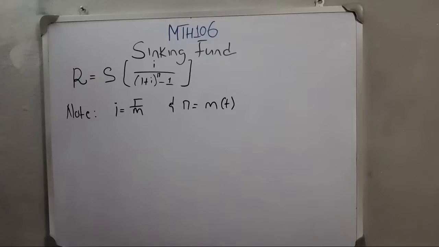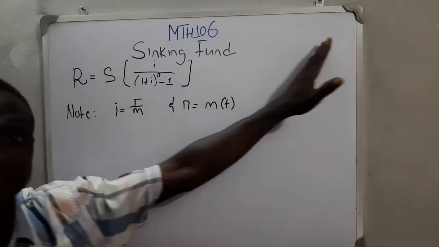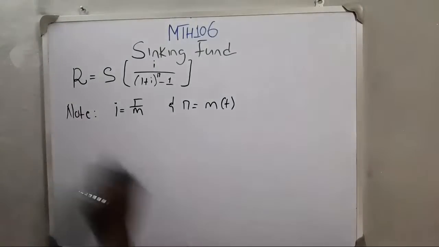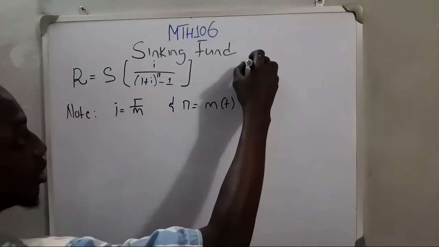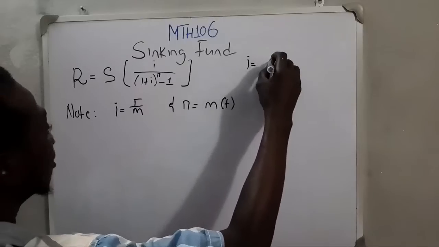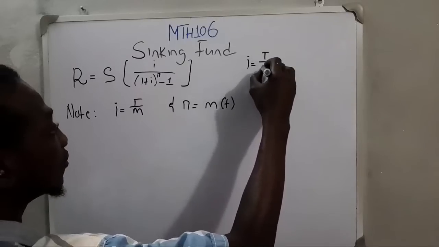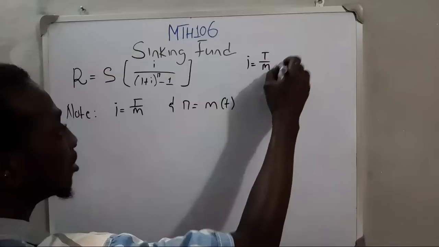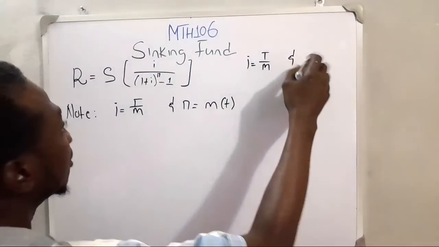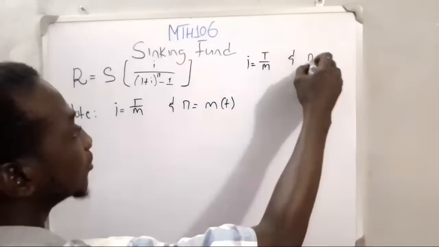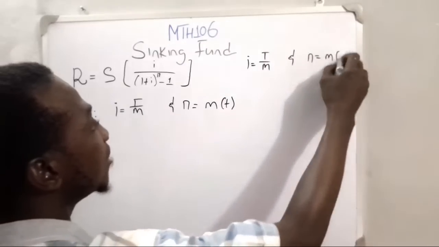So I'm just going to rewrite this here so we can solve a question in regards to this. R over M, and we have N equals M into bracket T.